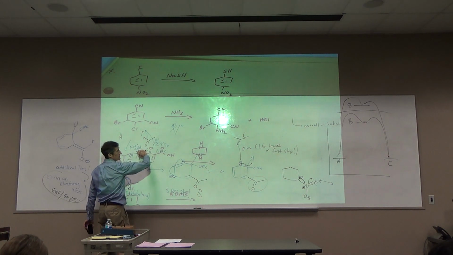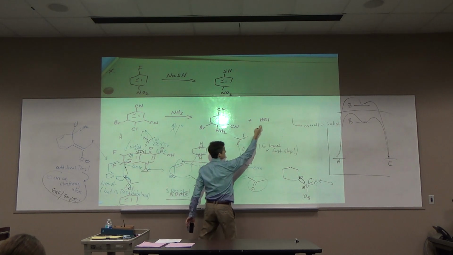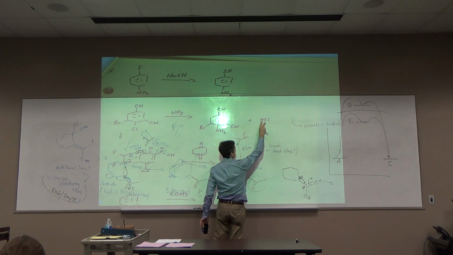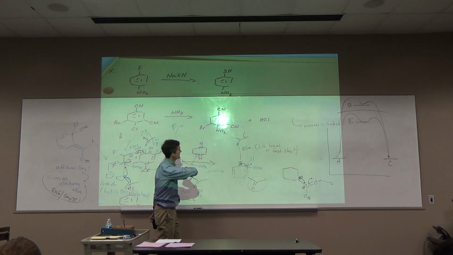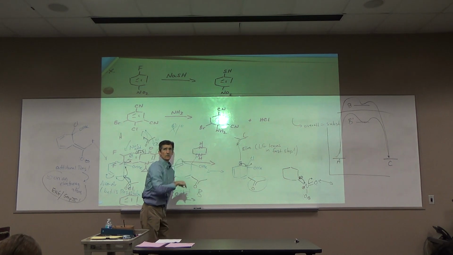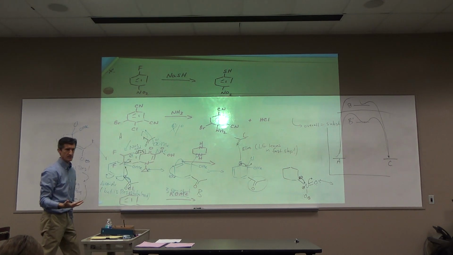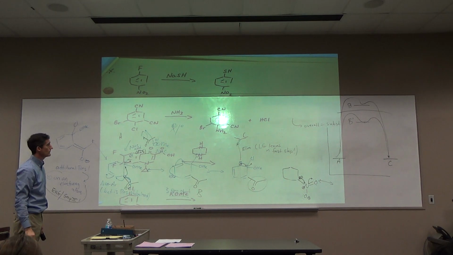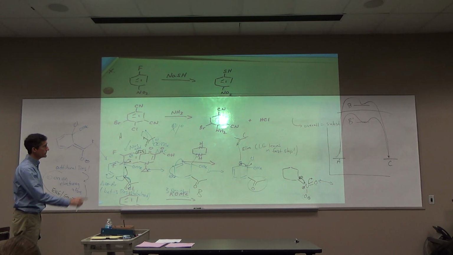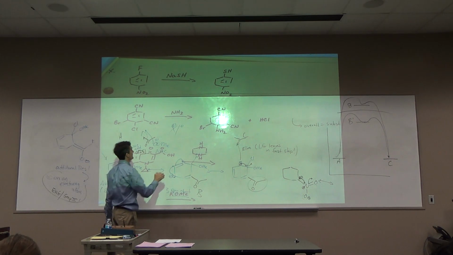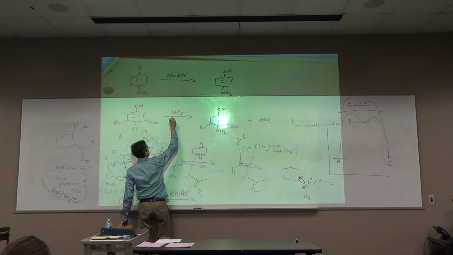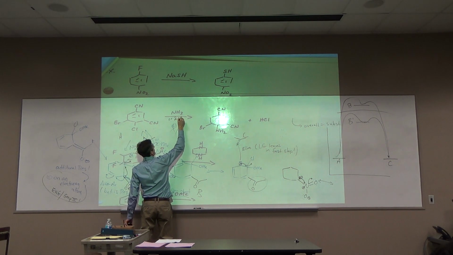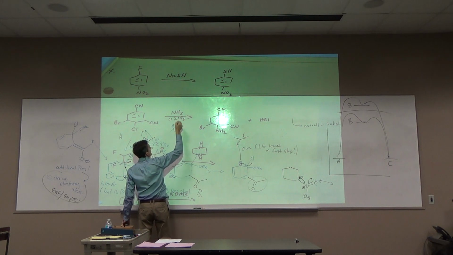Something's got to take an H from the nitrogen to go neutral. Cl minus can take an H. That's how we got HCl. Well, possibly you might include a base in this reaction to take the HCl. Or two equivalents. We'll point this out.